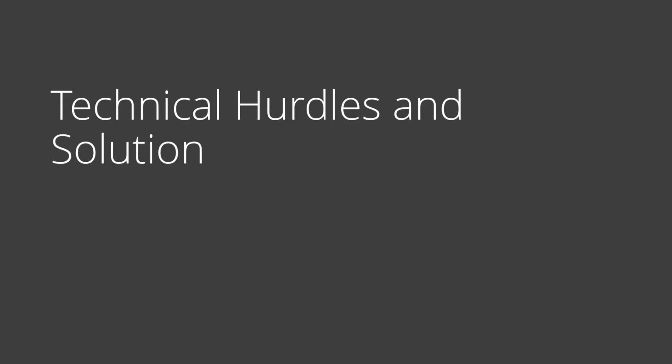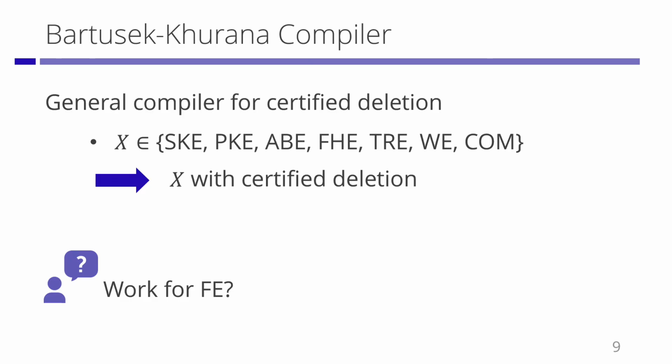Next, we move to what the technical hurdle is and what our solution is. There is a very strong result about cryptography with certified deletion. Bartusek and Khurana present a general compiler for achieving certified deletion. This compiler takes a cryptographic primitive X in this set and transforms it into a primitive with certified deletion.